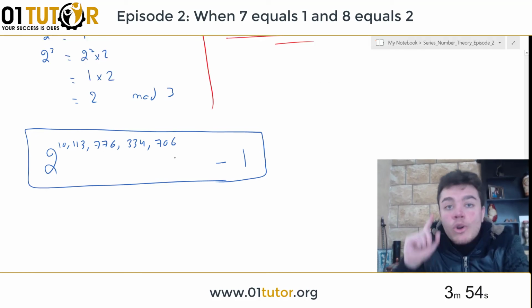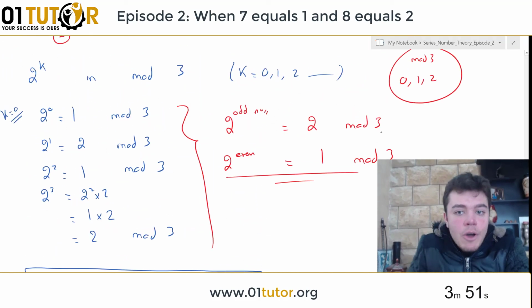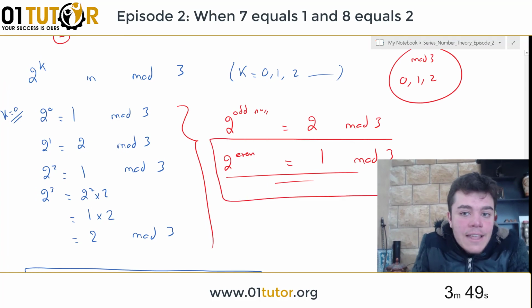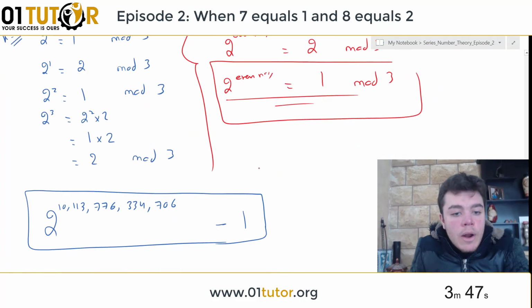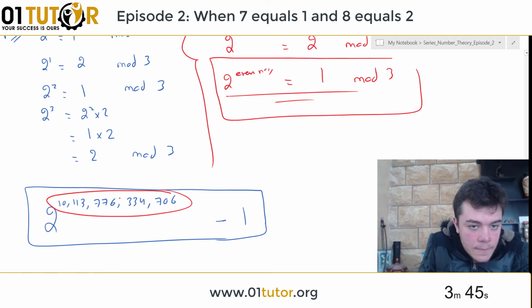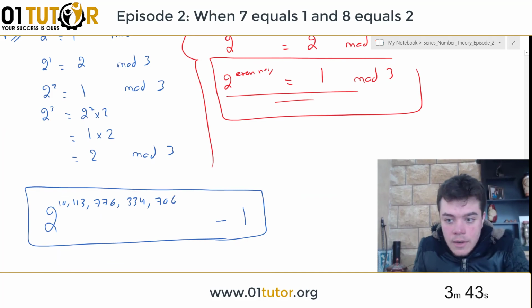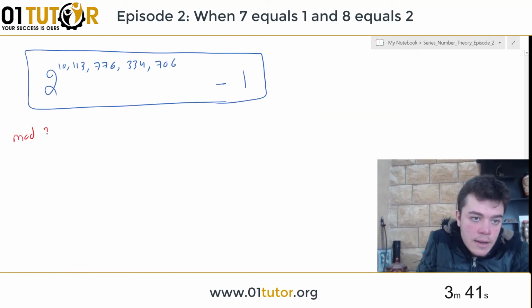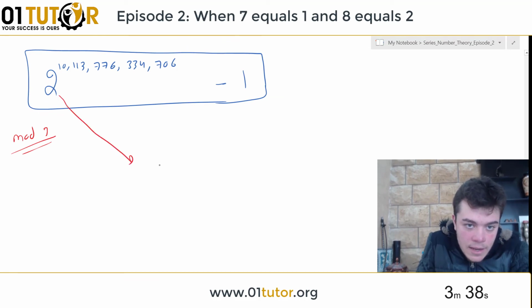However, by means of congruences, we know that 2 to the power any even number is equal to 1 mod 3. And since this exponent is even, because it ends with 6, we can say that in mod 3 this number is equal to 1. 1 minus 1 is 0.